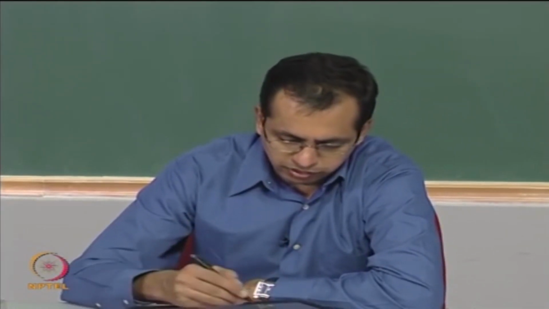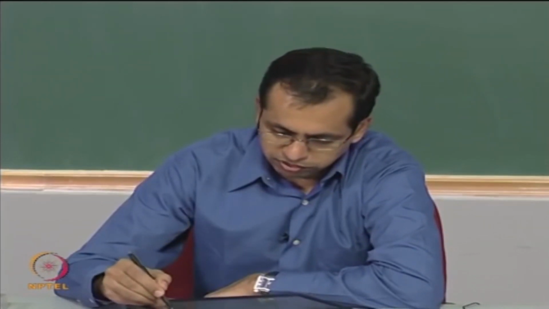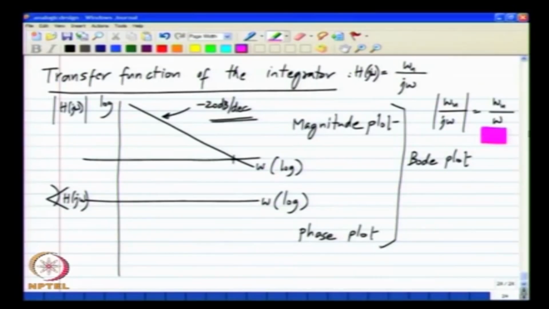And where does it reach unity? It is very obvious. This function reaches unity when omega equals omega u. Okay. So, the magnitude of the integrator's transfer function reaches unity when omega equals omega u. In fact, it is for this reason that the particular symbol is chosen. Omega u is the unity gain frequency of the integrator. Okay.